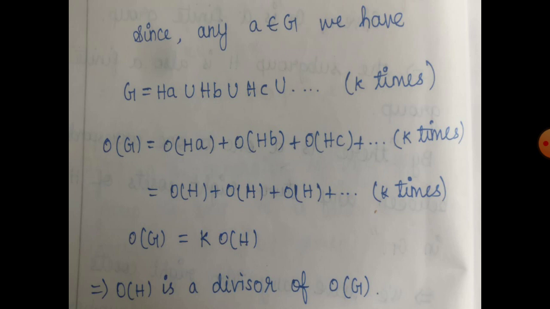Already we mentioned order of HA is equal to order of HB is equal to order of H. So we write order of H plus order of H plus etc., K times. So we can write K into order of H. So directly, order of H is a divisor of order of G.